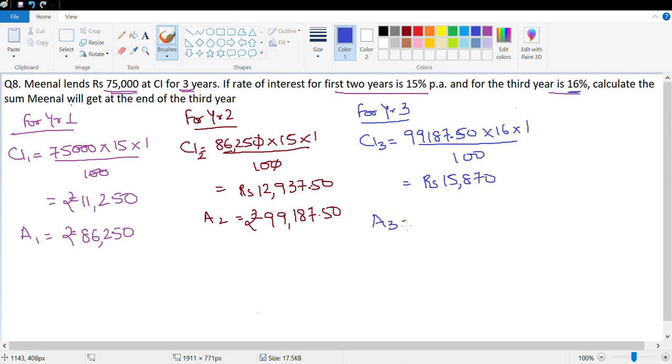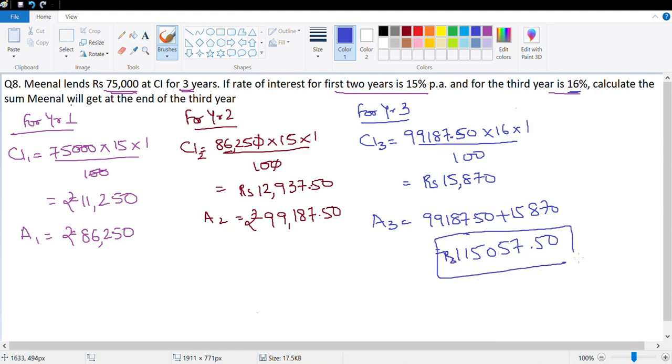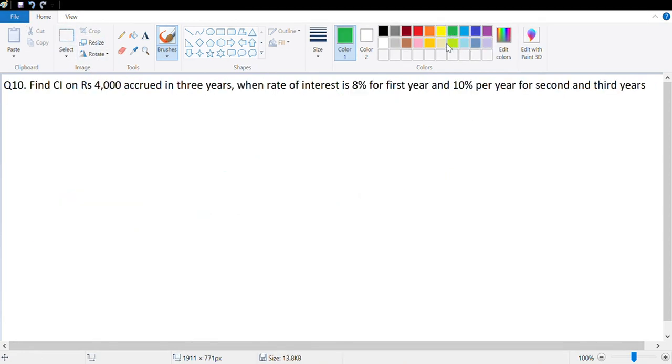So amount at the end of third year would be 99,187.50 plus 15,870, which is equal to 115,057.50. So the total amount that she gets at the end of 3 years will be 1,15,057.50.